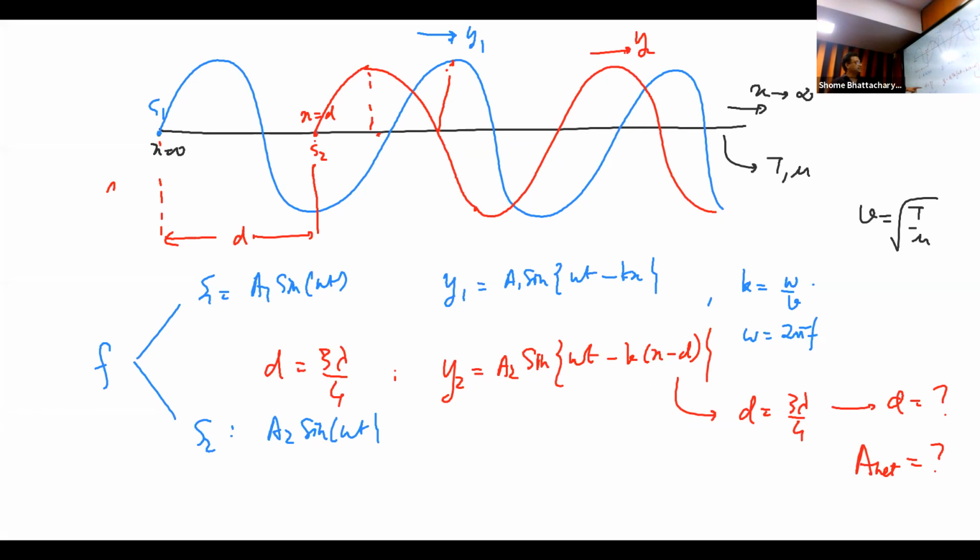The two sources are in phase and of the same frequency, but they're at a distance d apart, and that distance is 3 lambda by 4. So based on this, what can we tell about the phase difference, and therefore about the net amplitude?